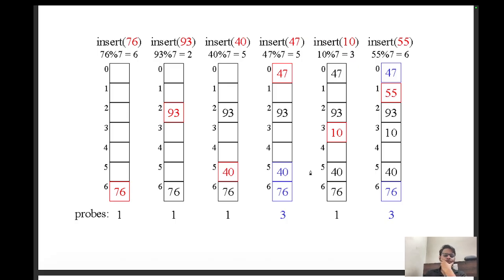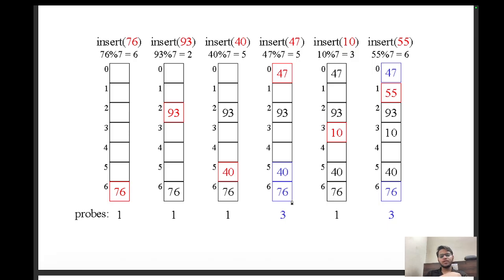Right? You can see down here that some values of probes have been mentioned. Probes is a new concept, and probes are nothing but the steps to find the vacant place in the hash table. Now let me explain the probes with the example of 47 only.